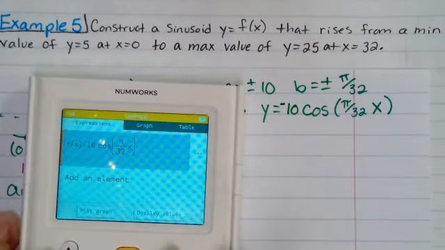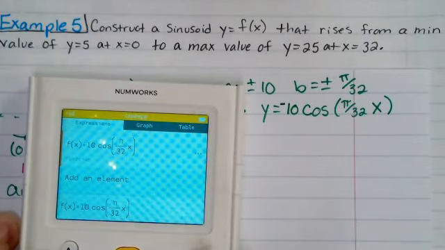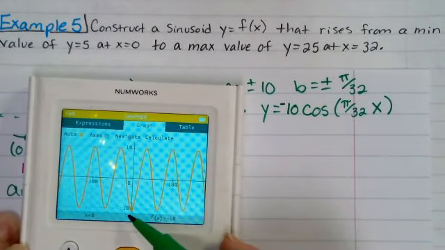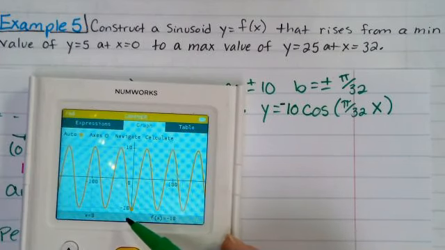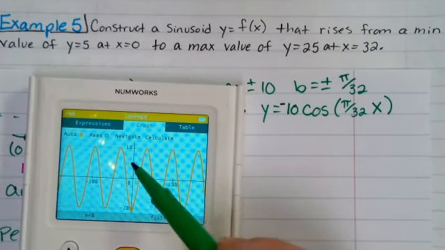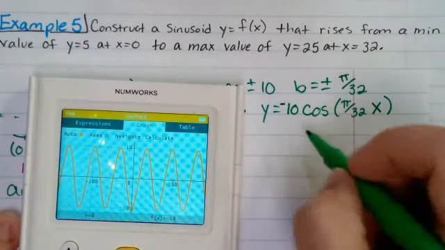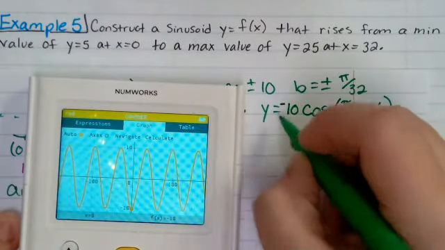Okay, so let's check. Go back. We're going to reflect this across the x-axis. And now I have a minimum on the y-axis. However, I need that minimum to go through the point positive 5. It's going through negative 10 right now. So what we're going to do is shift this up 15.